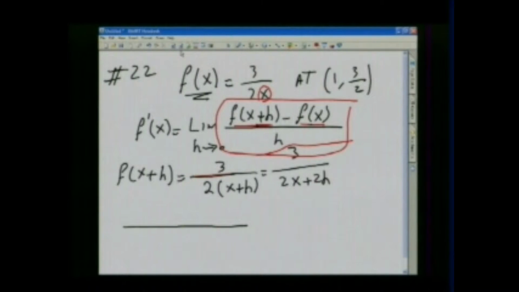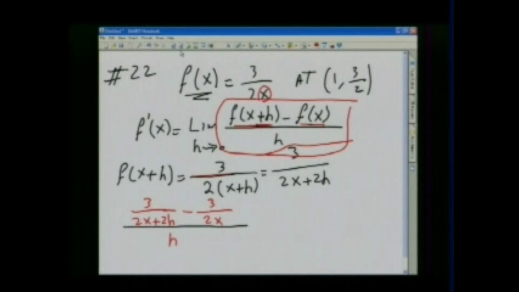Simplify. So f of x plus h in the numerator, we already calculated, is 3 divided by 2x plus 2h, minus f of x, which is minus 3 divided by 2x. The whole thing divided by h.